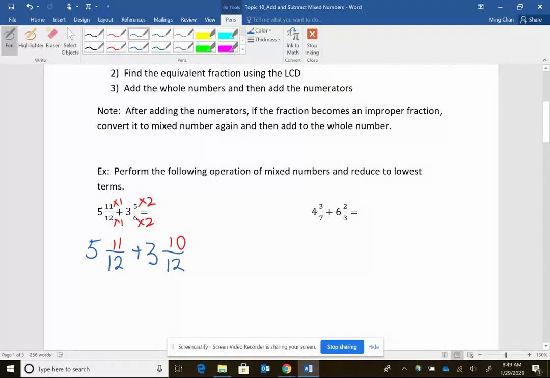Now it's the third step. Add the whole numbers: 5 plus 3 is 8. Add the numerators: 11 plus 10 is 21. The LCD is still 12.